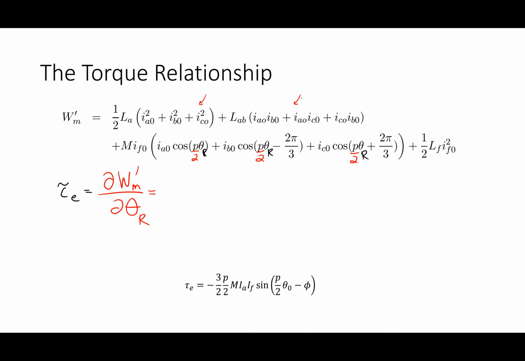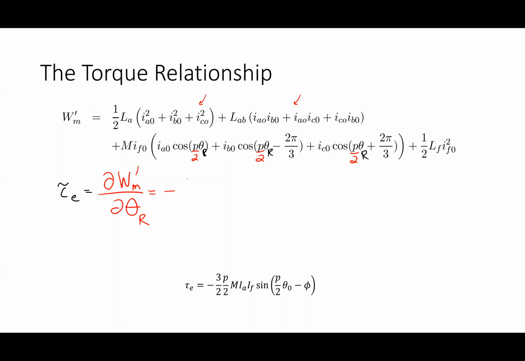So what's that work out to be, given what I have here? Well, if I take the derivative of cosine p over 2 theta r, what's the derivative with respect to theta r of that whole thing? Negative p over 2 sine, right?